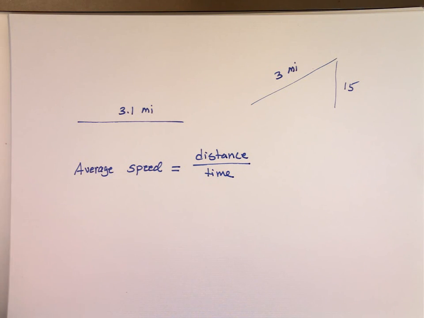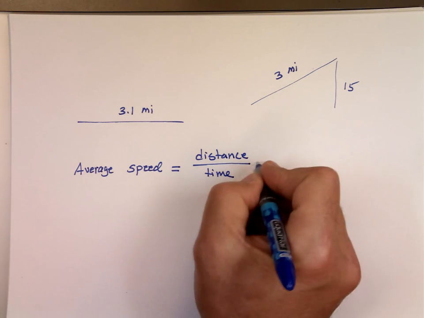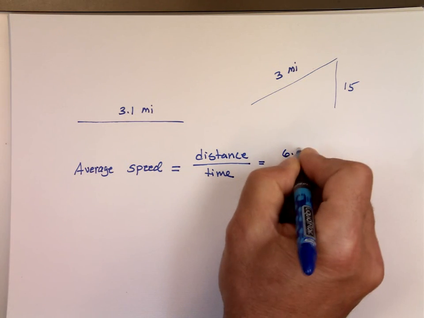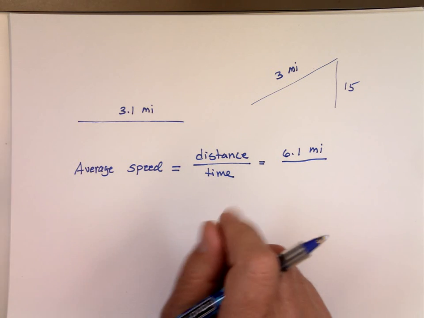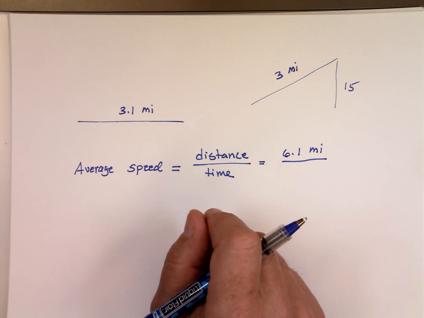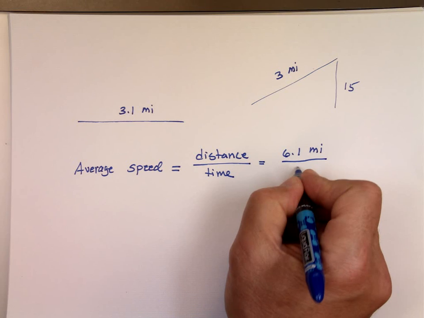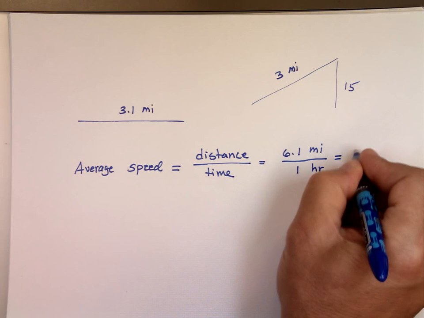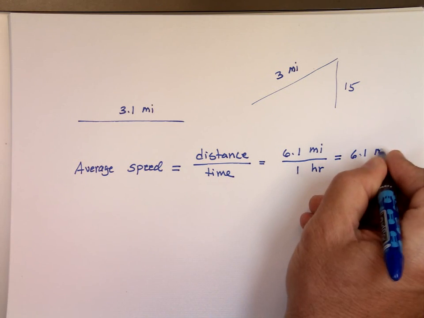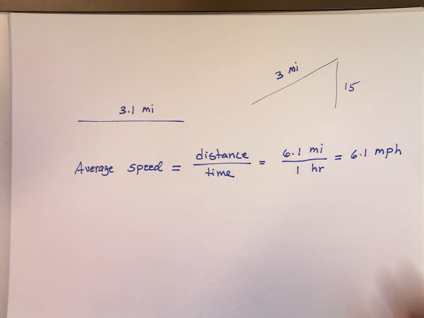What was my total distance traveled on both of them? 6.1. And what was the time it took me? 1 hour. The machine shuts off after 1 hour. I did the entire hour there, so 60 minutes. So what was my average speed? 6.1 miles per hour. So between the walking and the running, I averaged a speed of 6.1 miles per hour.